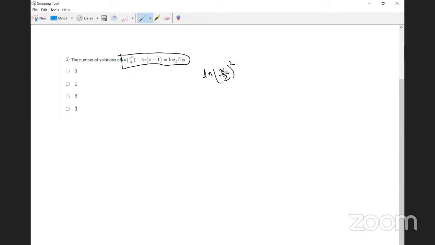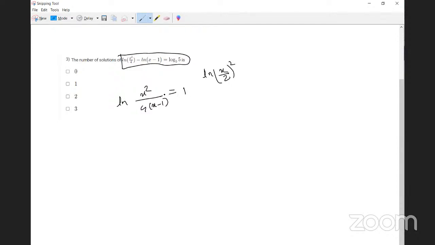Yes. Then what if I bring it down? 2 in front, 2 ln x by 2. And now I can simplify this. Minus 1, x square by 4x minus 1 equals 1, right?